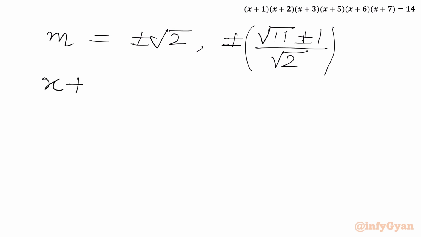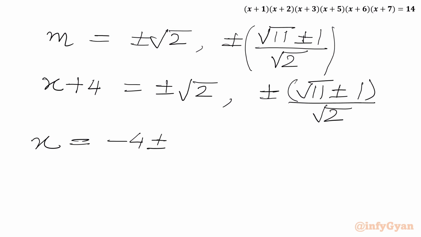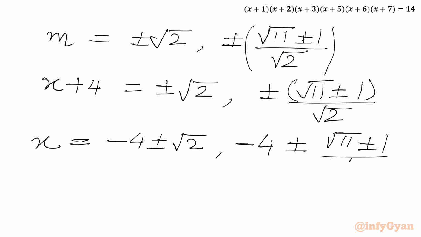So I will write here x plus 4 equal to plus minus root 2 and plus minus root 11 plus minus 1 over root 2. Now we will subtract 4 from both sides. So I will write here x will be equal to minus 4 plus minus square root 2 and minus 4 plus minus square root 11 plus minus 1 over square root 2 in the bracket.